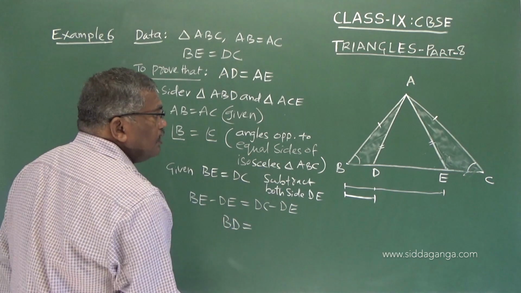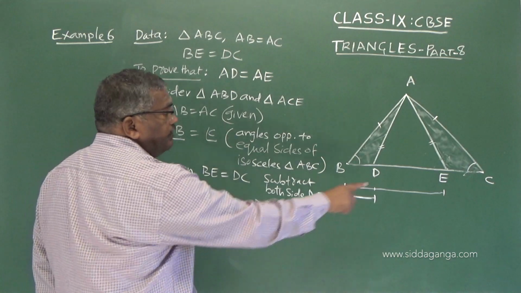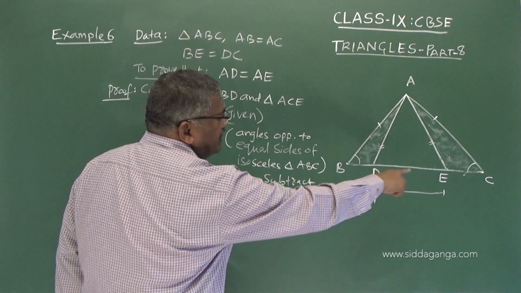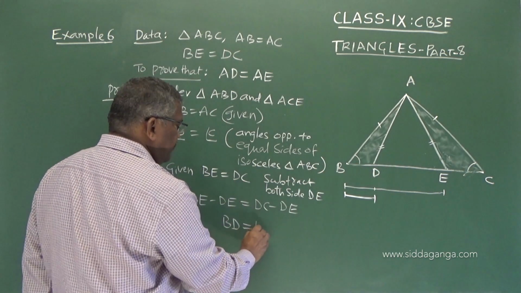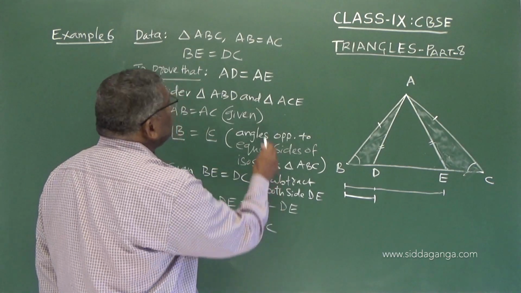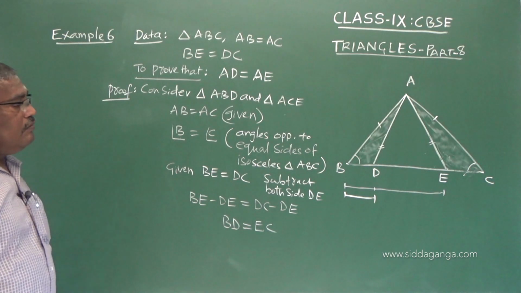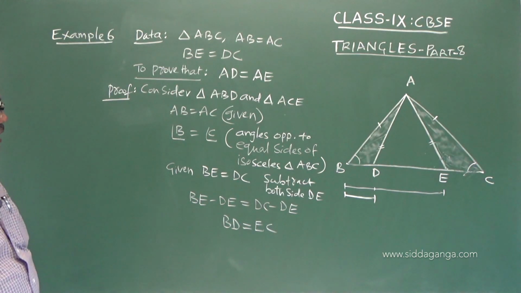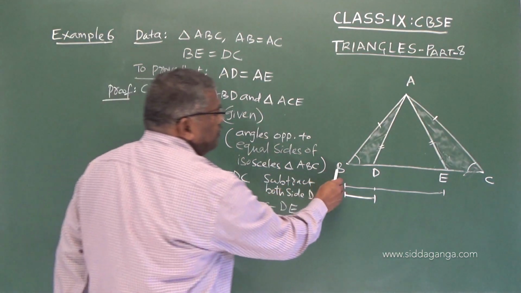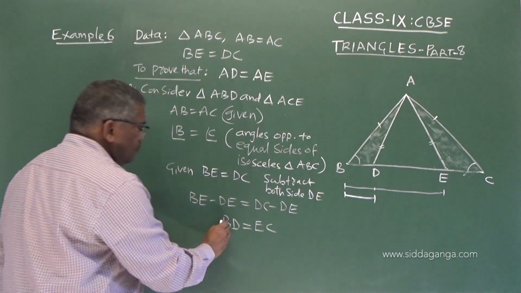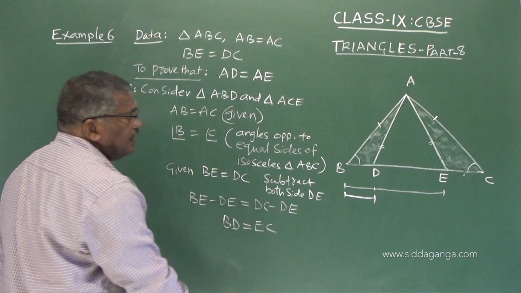BD is equal to, similarly, DC minus DE is EC. So, now BD is equal to CE. So, we have proved that these two are equal.